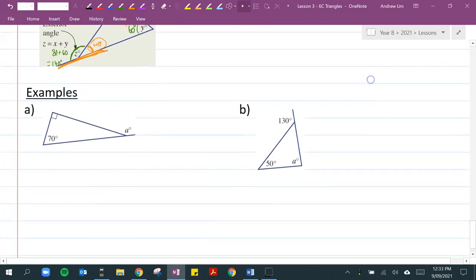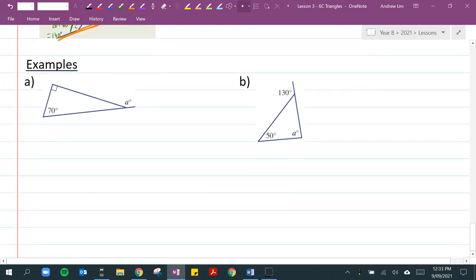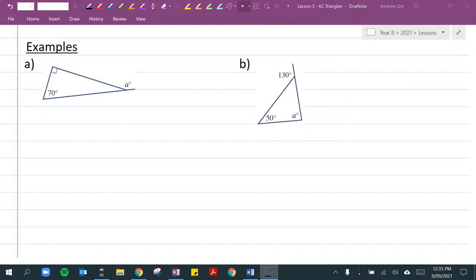Okay, so let's have a look at two examples to end this video. So using the exterior angle theorem, we can see here that A, which is the outside, is equal to the sum of the two opposite interior angles. So we know it's equal to 70 plus 90, which is 160 degrees.